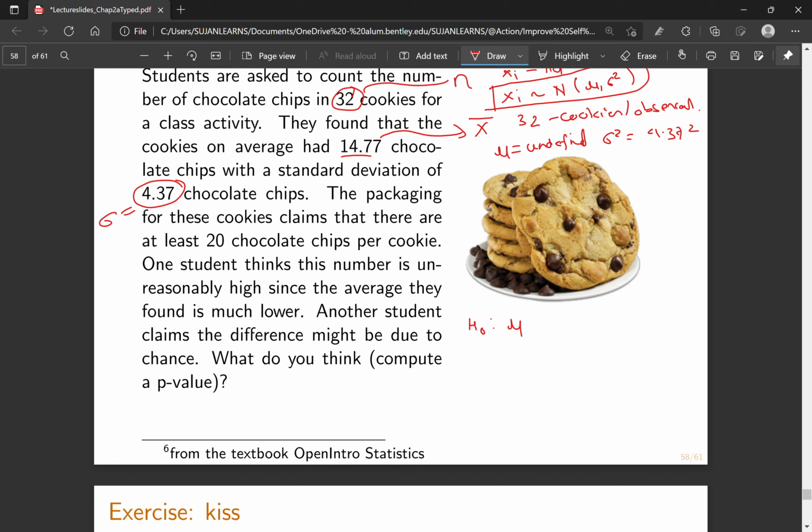That is, mu is greater than or equal to 20. That's the statement given on the box. Our alternate hypothesis is mu is less than 20. That's the alternate hypothesis that we want to prove.